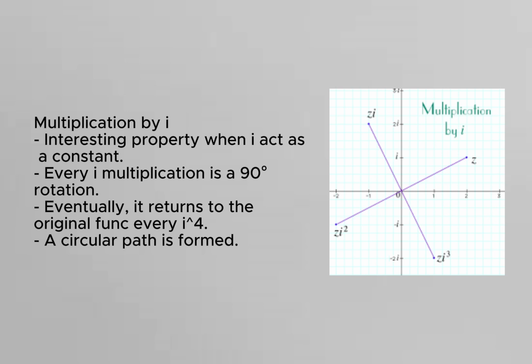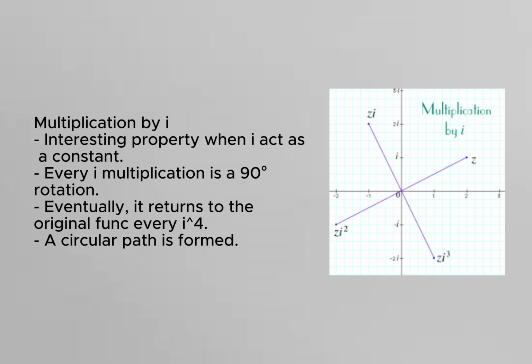Now we explore what happens when a complex number is multiplied by i. It's very interesting if you look at this diagram. When i acts as a constant, every i multiplication will cause the complex number to rotate by 90 degrees.